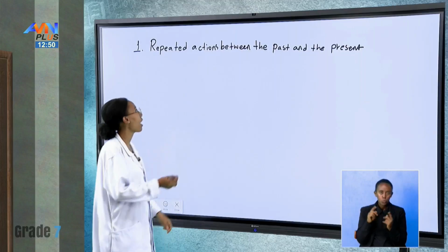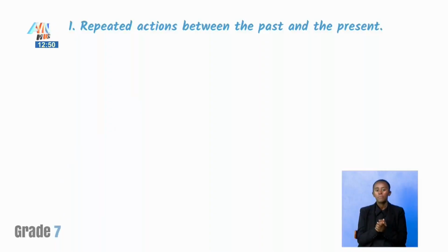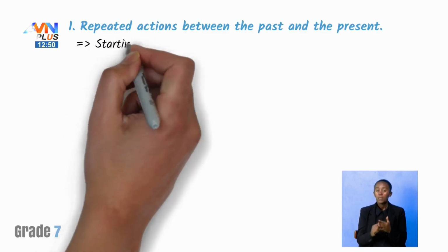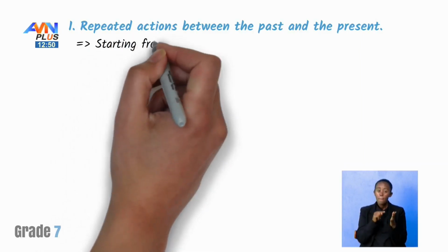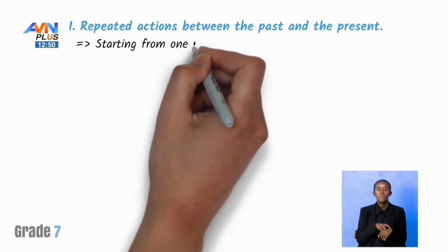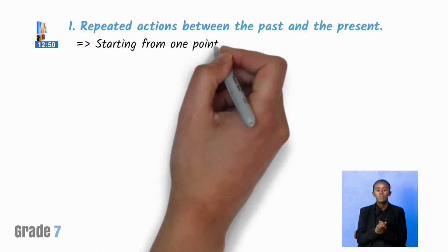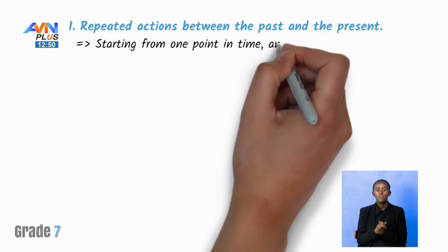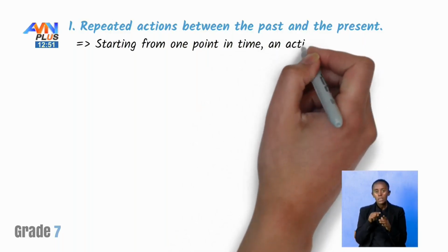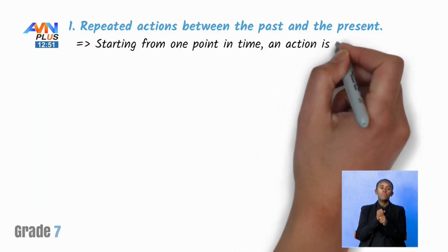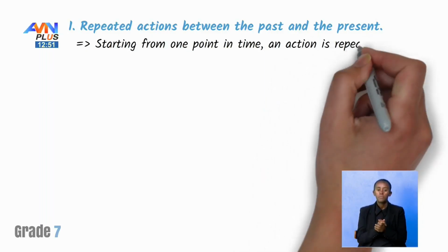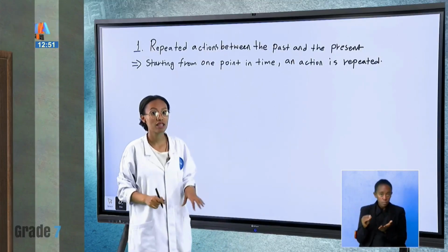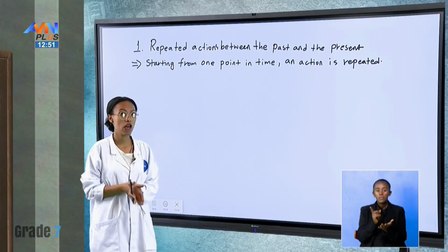Starting from one point in time, an action is repeated. And that action that's repeated is what's related to the present time. Let's give an example.